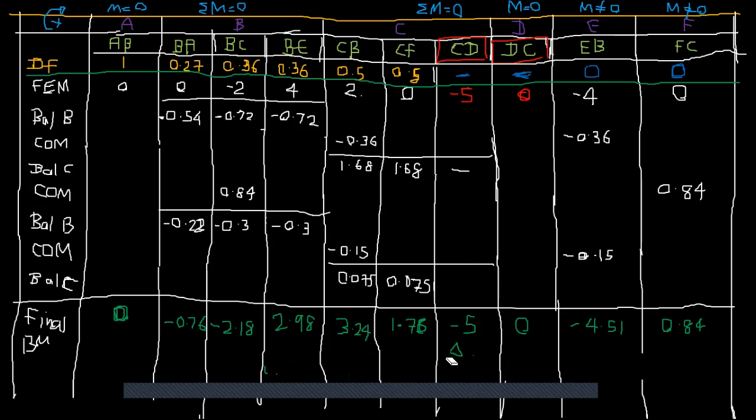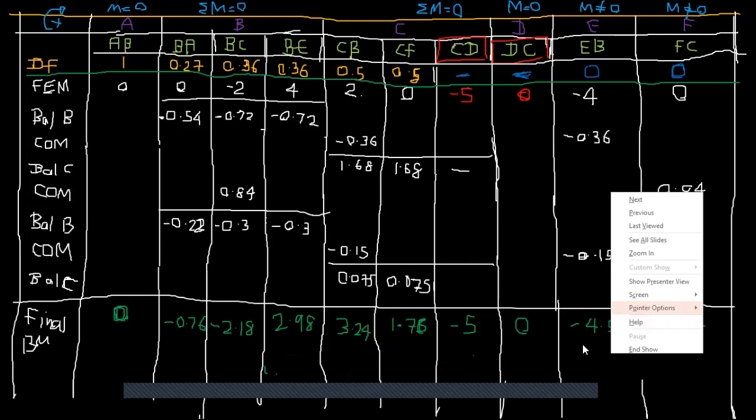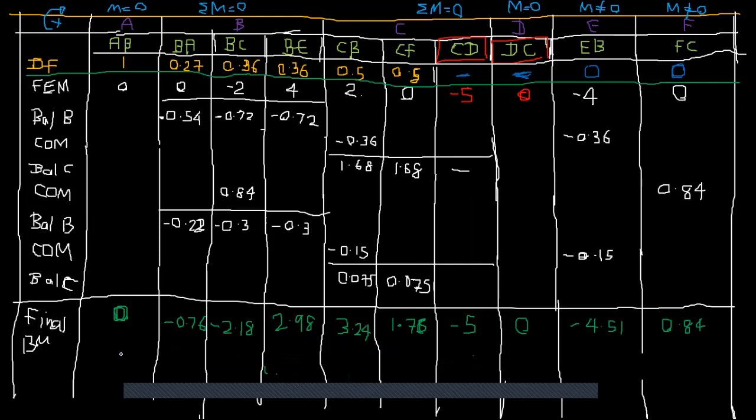To draw this, I will consider the rounded values. So this is going to be 0. This is going to be minus 0.8. I would say this is minus 2.2. So this is 3. These are approximations, right?